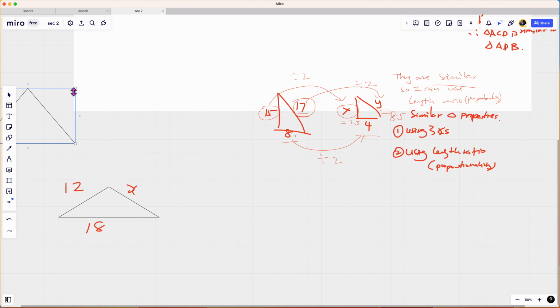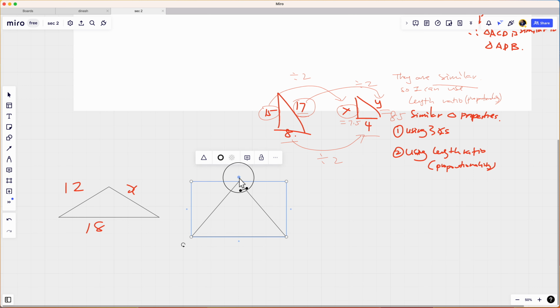I think there is something funny about this thing. I don't think I can rotate it, can I? Oh, can.